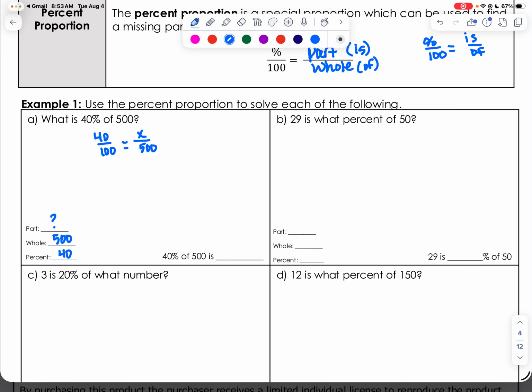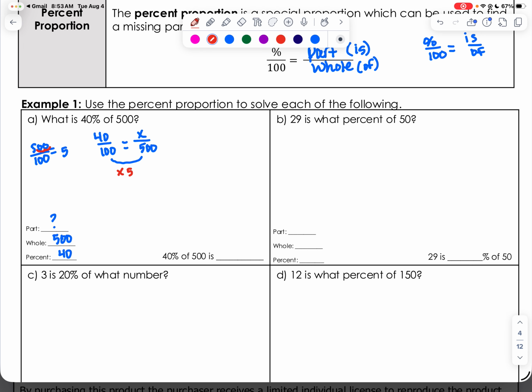500. Now, to solve this proportion, we need to find the scale factor that's being used. So look at your denominator and notice that if I took 500 and divided it by 100, we don't need to use long division because anytime we divide by 100, we're just moving the decimal in two places. So 500 divided by 100 is 5. So our scale factor here is 5.